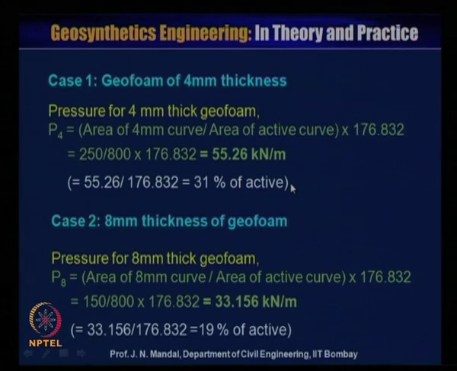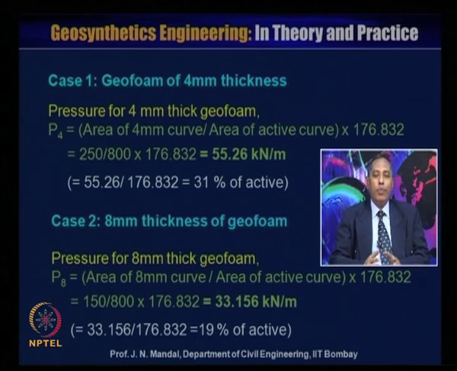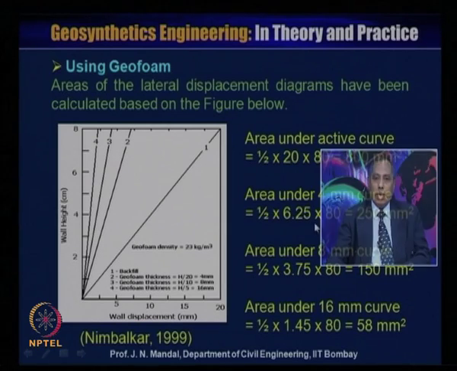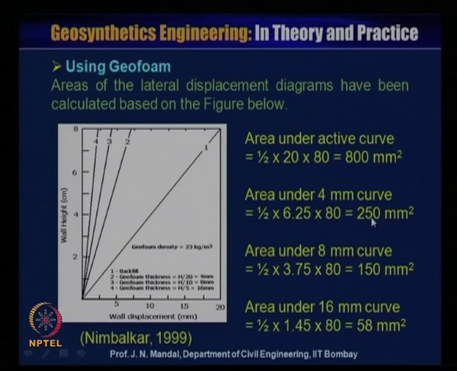Now case 1, geofoam of 4 millimeter thickness. So what is the pressure for 4 millimeter thick geofoam? Let us say P4 is equal to area of 4 millimeter curve divided by area of active curve into 176.832. That means the area of 4 millimeter curve you have calculated, that is 250 here.